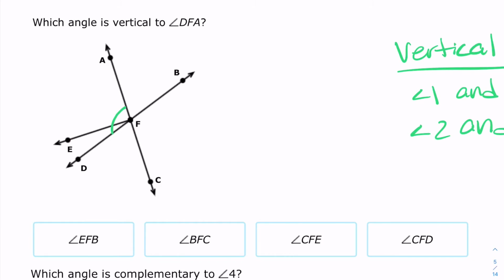So what is vertical? Well, let's take a look. FA is a ray. Opposite to FA is ray FC. And opposite to ray FD is FB. Therefore, it's between FC and FB. And so that's my vertical angle right there.